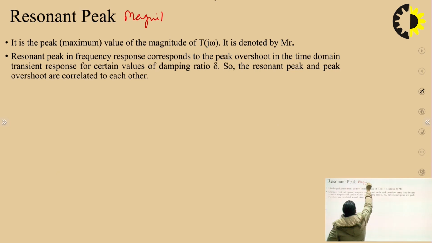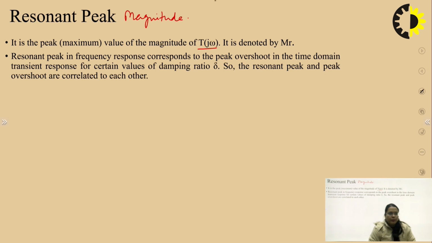Now coming to the resonant peak magnitude. Okay, resonant peak, as I have discussed earlier also, it is the peak value of the magnitude T(jω). It is denoted by Mr, right? Resonant peak in frequency response corresponds to the peak overshoot in the time domain, the transient response, for certain values of damping ratio zeta.